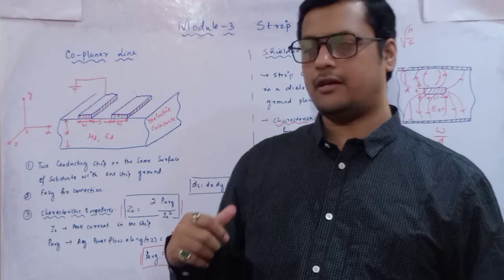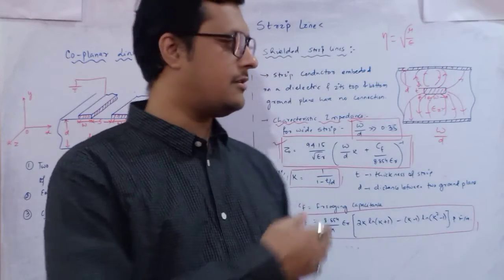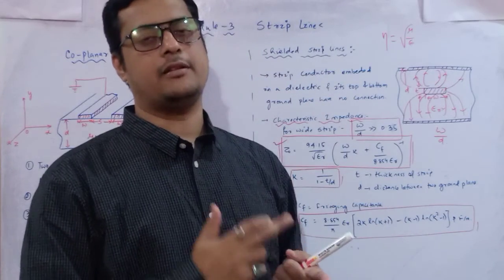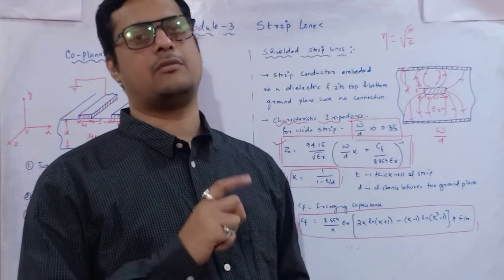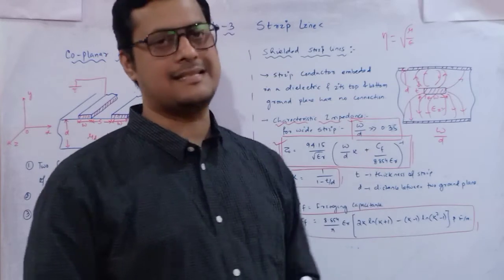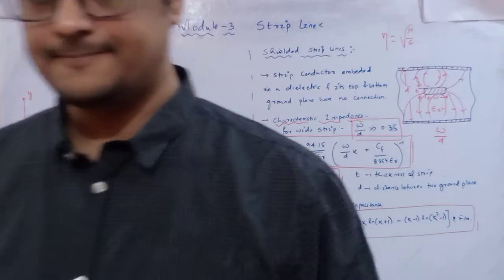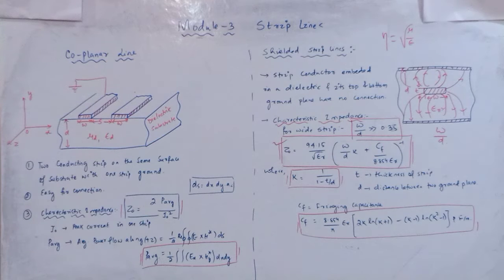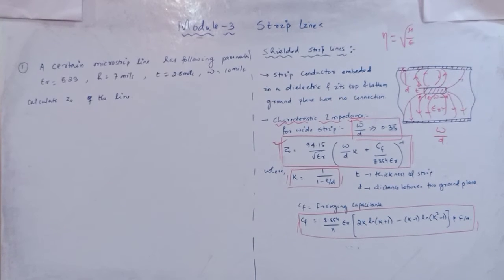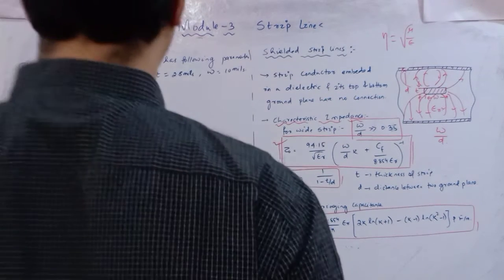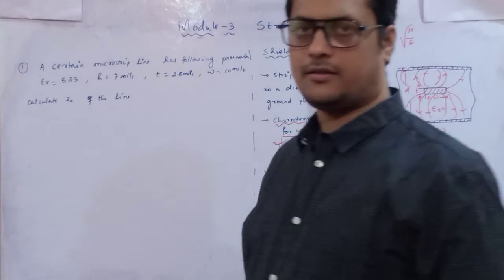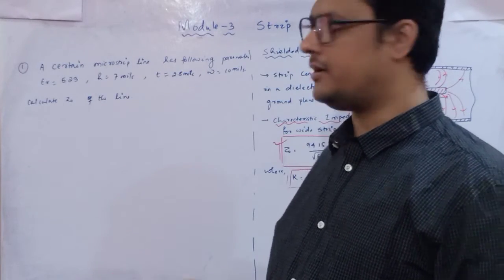Okay. Now we are going to discuss a few numericals with respect to the microstrip line, planar line, coplanar, and shielded. Here I have written one question that we are going to solve. It is a simple one.